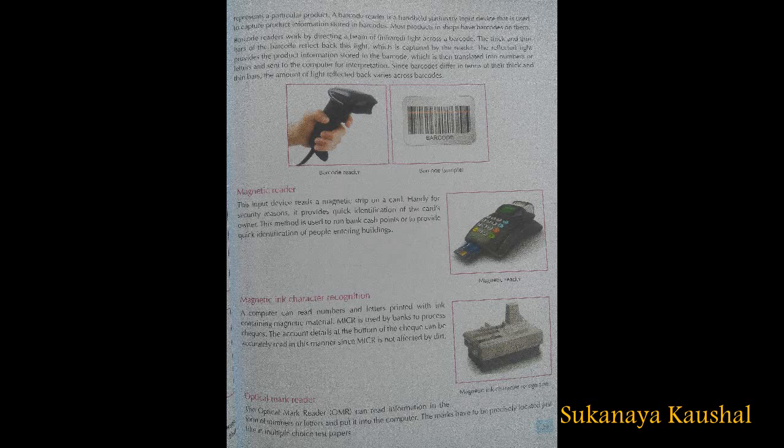It reads information in the form of numbers or letters and puts it into the computer. It is different from OCR, the optical character recognition, and the marks have to be precisely located, just like on an MCQ type of paper. It senses the marks made with a certain type of ink. OMR, also called optical mark recognition, has totally changed in the last few years, like OMR sheet reader machines, making reading much simpler and more economical, and the main software is the main component of the OMR sheet scanning process.